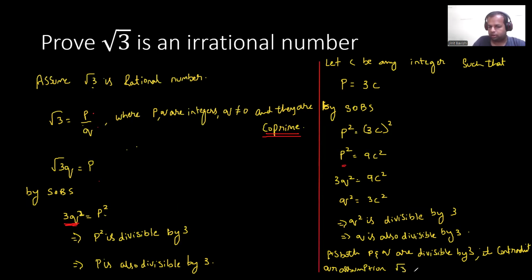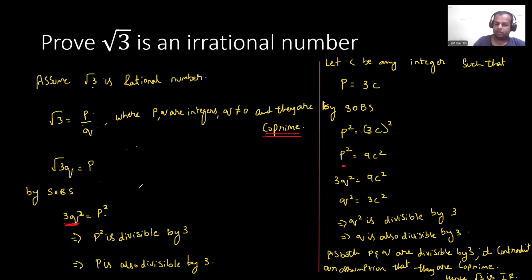This is contrary to our original assumption that they are co-prime. Hence, root 3 is irrational.